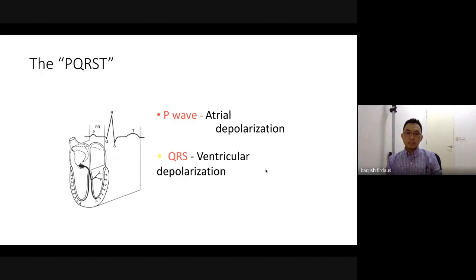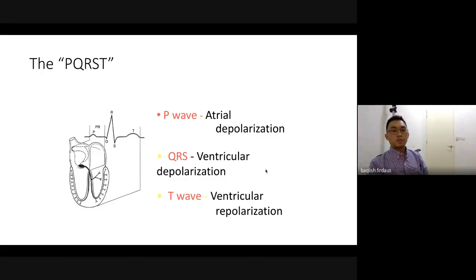Then QRS is ventricular depolarization, or for general understanding, QRS complex is when the ventricle contracts. Then T wave is ventricular repolarization, or for general understanding, T wave is ventricular relaxation.